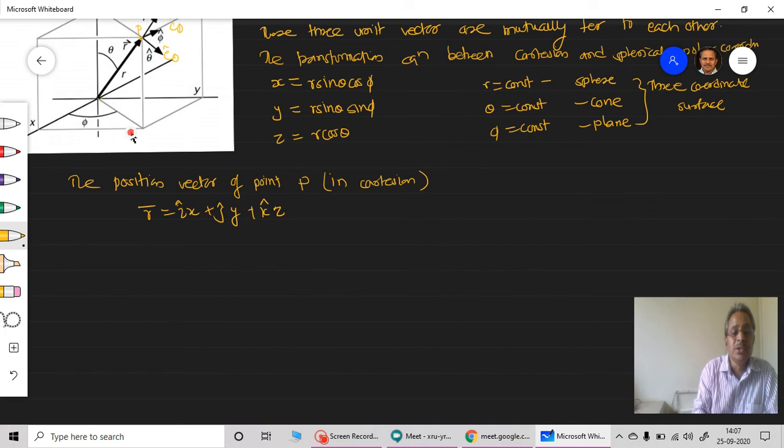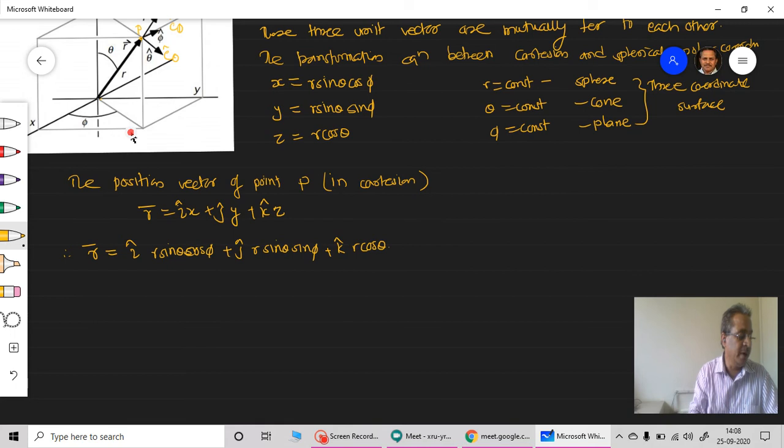Now use these transformation equations to write this r bar. So r bar is equal to i cap, now this is r times sin theta cos phi, plus j cap r times sin theta sin phi plus k cap r times cos theta.